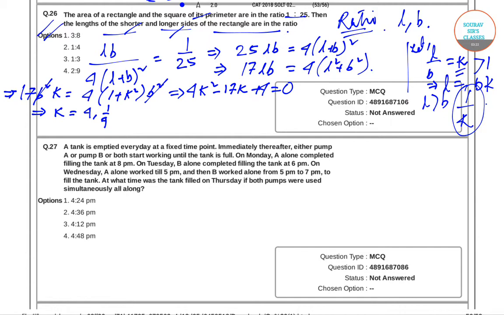But as already mentioned, K should be greater than 1. So the value of K that we'll take is 4, and the ratio we are looking for is 1 by K, which is 1 by 4, that is 1:4, the ratio of the shorter and the longer sides. As you can see, this is given by option 2, so option 2 is the correct option.